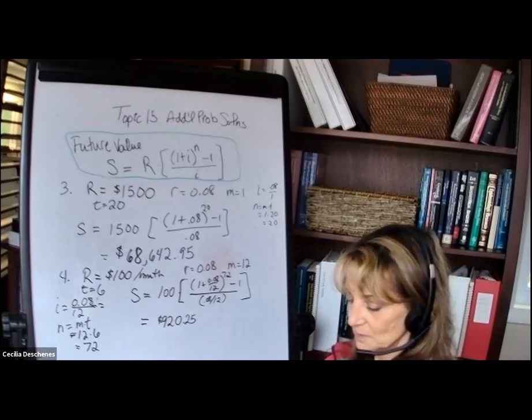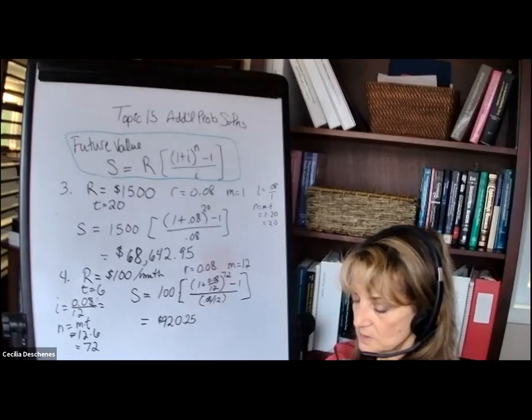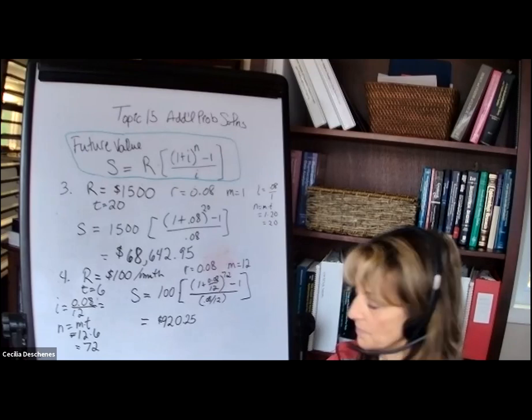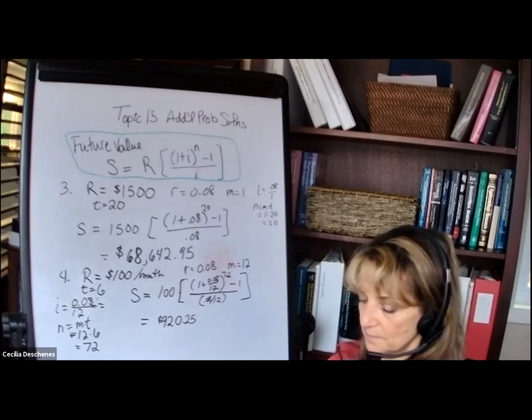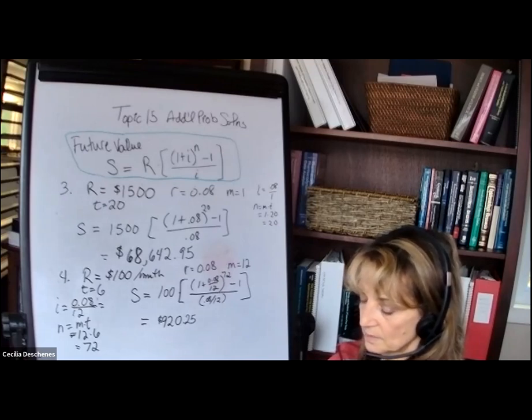So 1 plus 0.08 divided by 12 equals, raise that to the 72nd power minus 1 equals, and divide that by the 0.08 divided by 12.